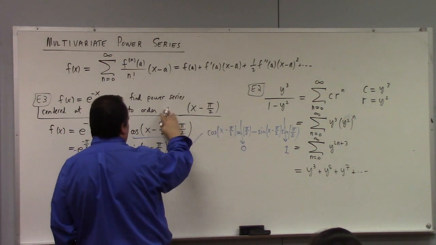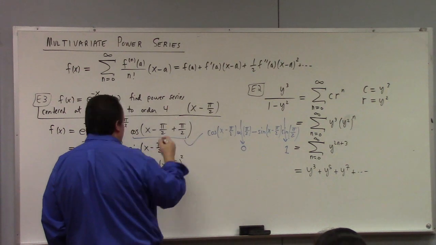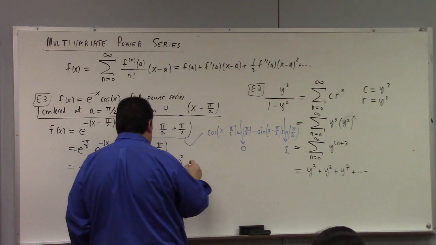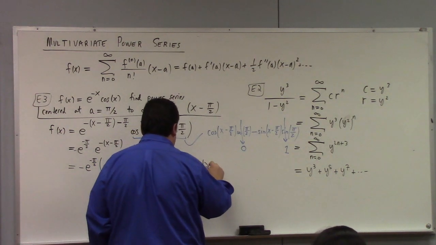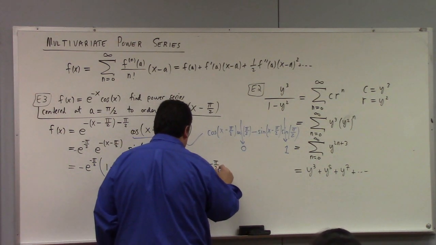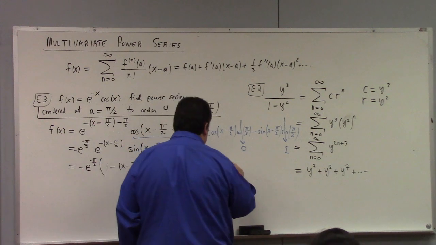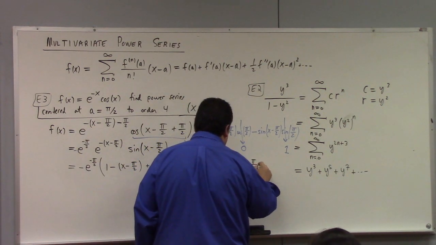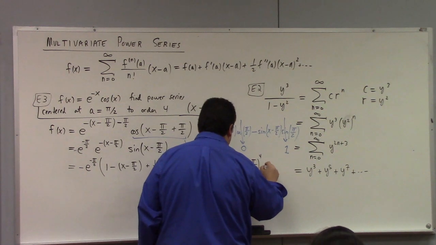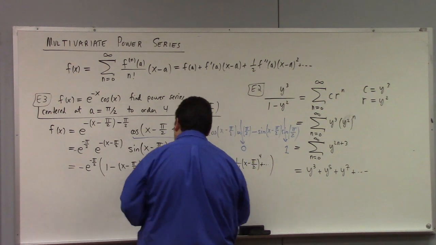Maybe order 4 would not be so annoying. Plus 1/6 x minus pi over 2 cubed, plus 1 over 24, 24 is 4 factorial, right, x minus pi over 2 to the 4th power, plus dot dot dot.